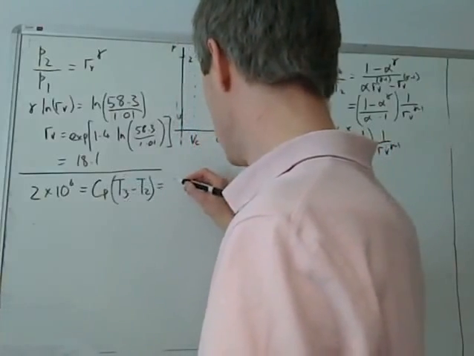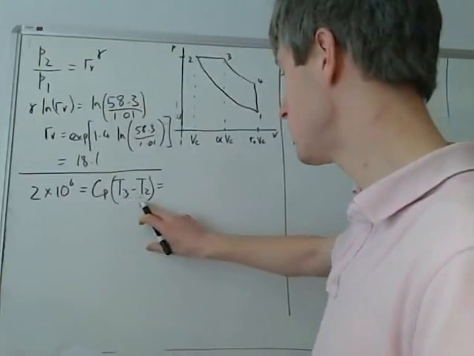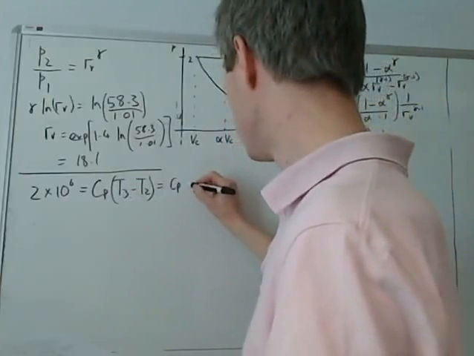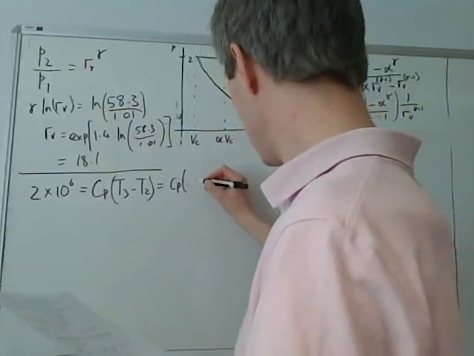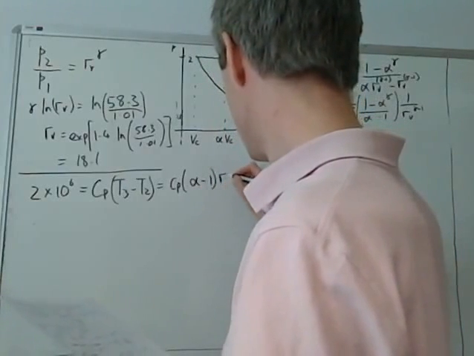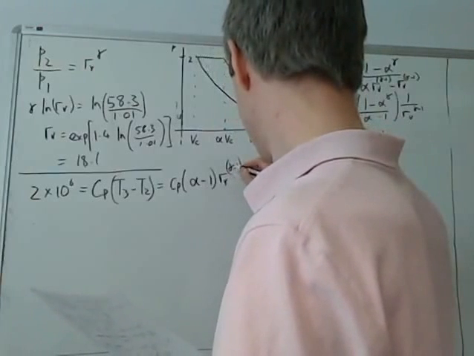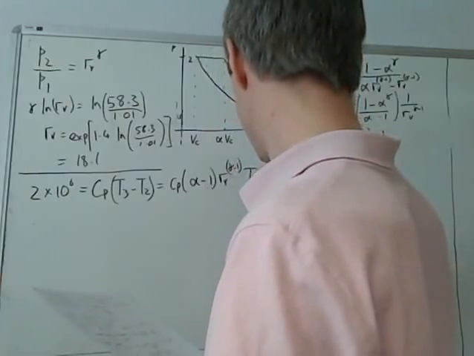And we can say, if we substitute in the expressions that we calculated earlier for T3 and T2, Cp is equal to alpha minus 1 times RV to the gamma minus 1 times T1.